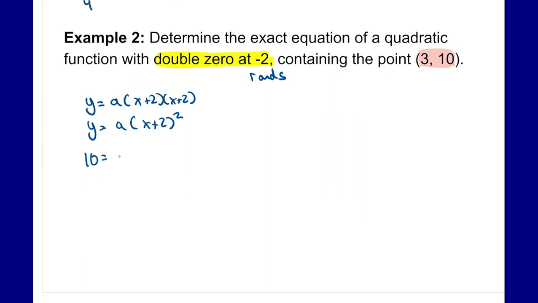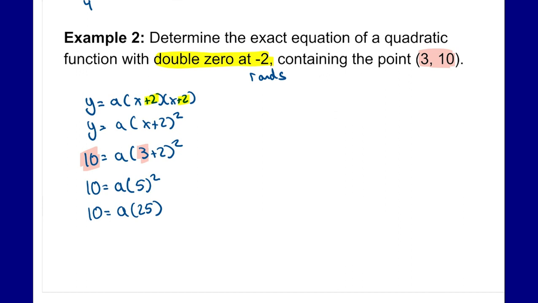Now we're going to plug our values in for our point. So 10 is equal to a times (3 + 2) squared. So this comes from our point. We'll actually take these two from our double zeros. I get 10 is equal to a times 5 squared, or 10 is equal to a times 25. Move the 25 over.